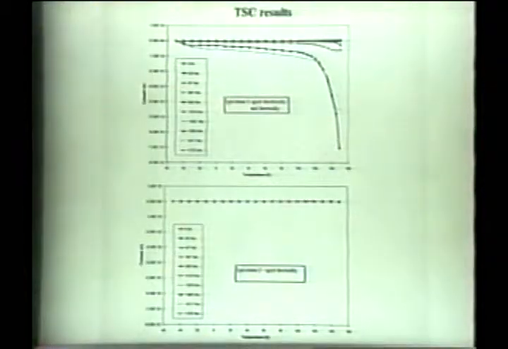If you compare those results with the bottom curve for specimen number 2, you see that after even phase 1 or phase 2, there was absolutely no change in the current measured by the TSC technique. Those results only include the measurements made during phase 1 and phase 2 of the aging.